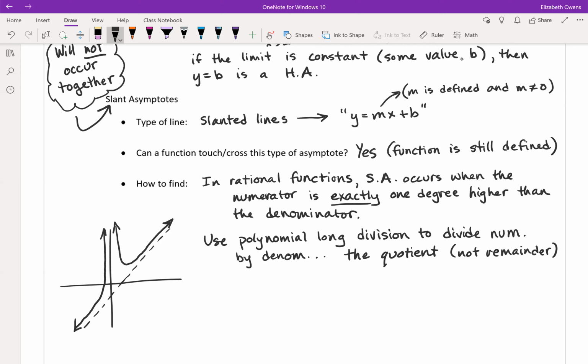So the quotient provides the equation of the slant asymptote.